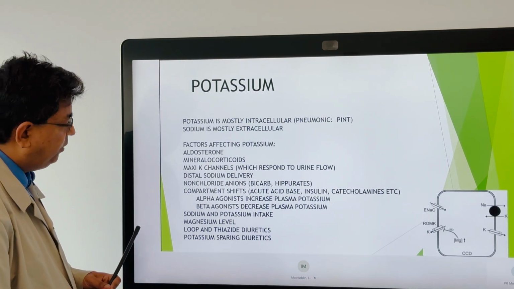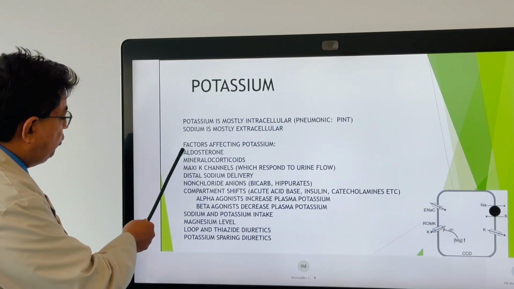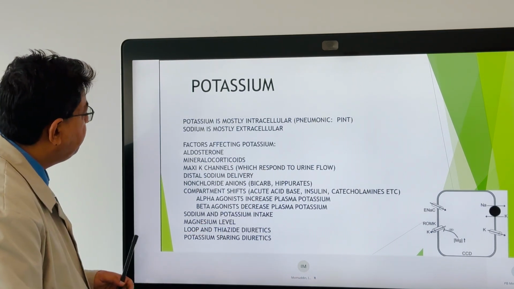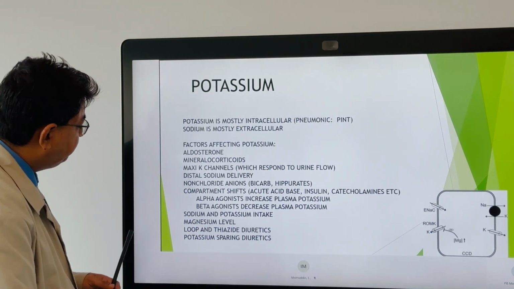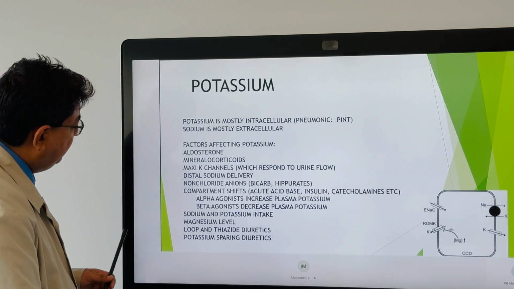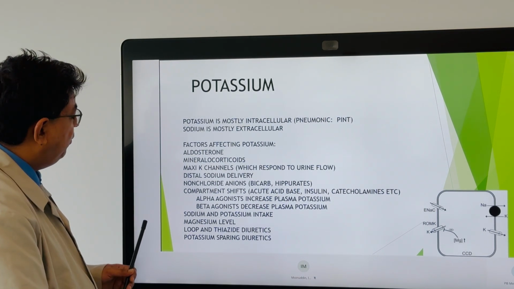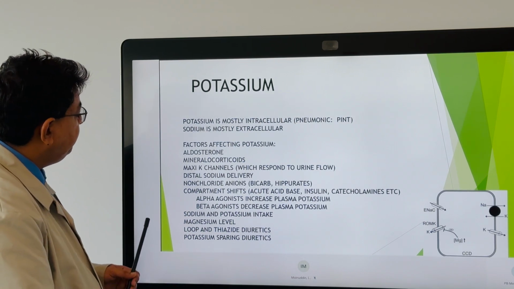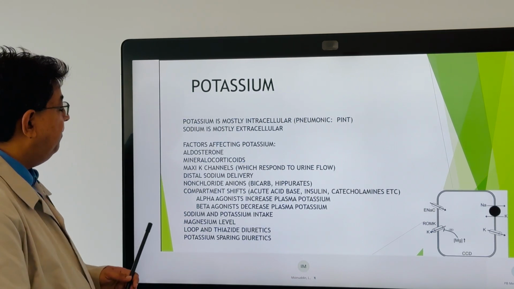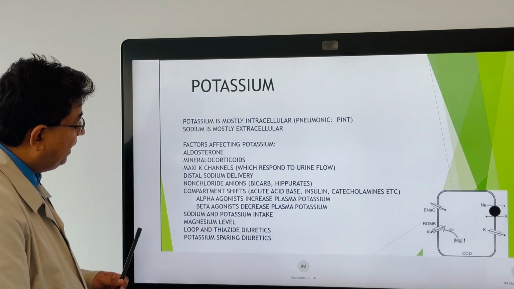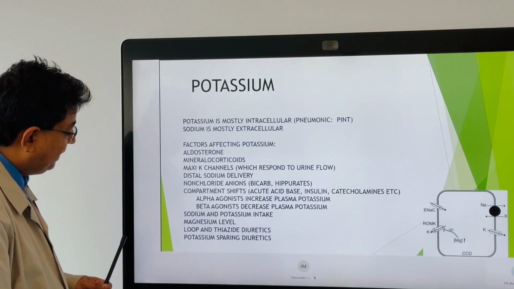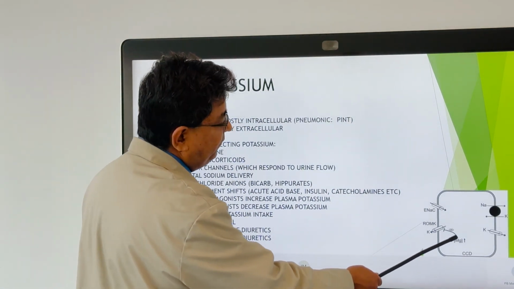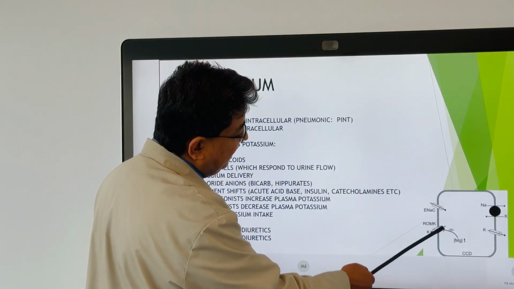The most important to remember of these would be aldosterone, Maxi-K channels, which respond to urine flow, and distal sodium delivery. Of course, other factors are important and usually are obvious, like sodium and potassium intake. Magnesium is very important because you cannot correct hypokalemia until you have corrected hypomagnesemia.